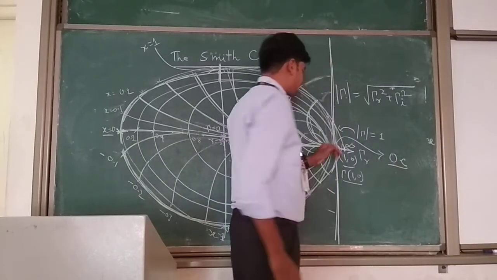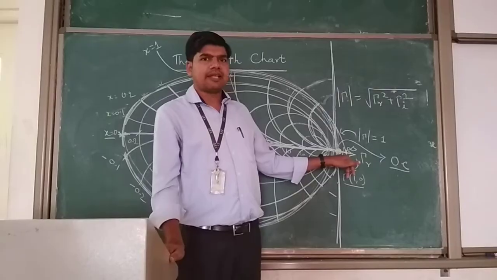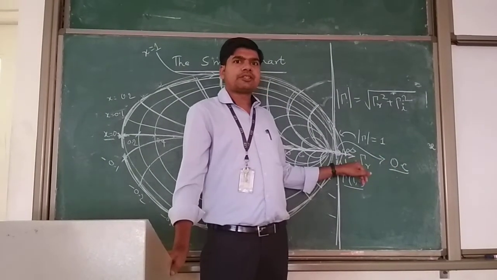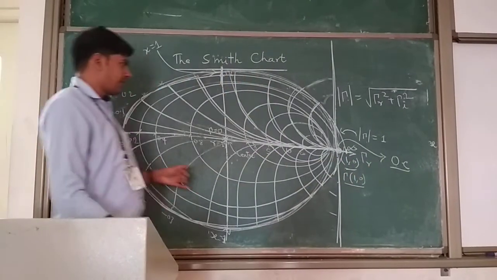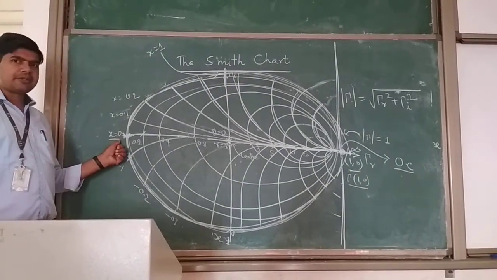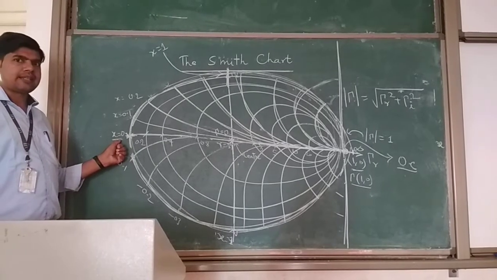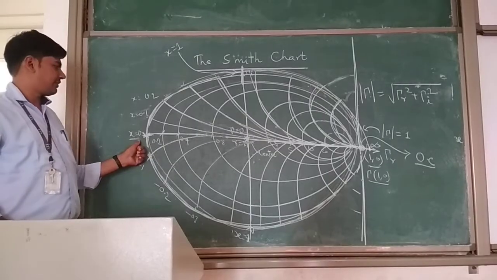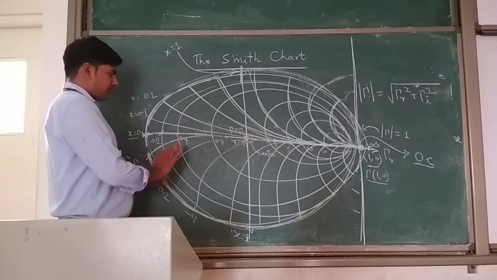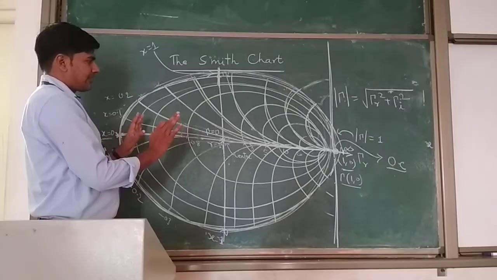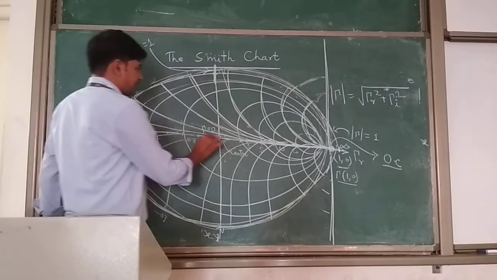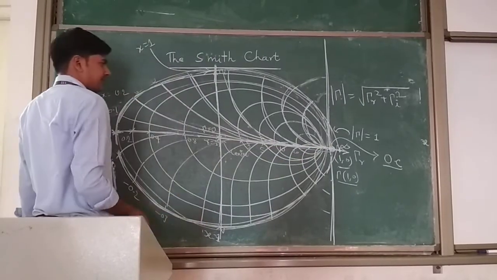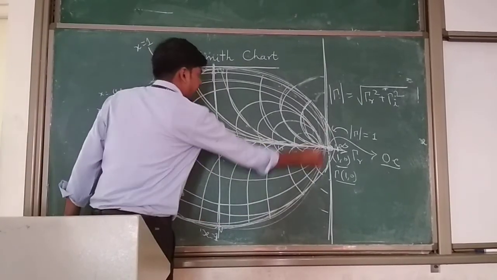Why is it an open circuit? Because R as well as X both are infinite. So this is called the open circuit. And on this side you can see R as well as X both are 0. So this is known as short circuit. Right? So basically the Smith chart has the reflection coefficient axis and then the impedance axis.